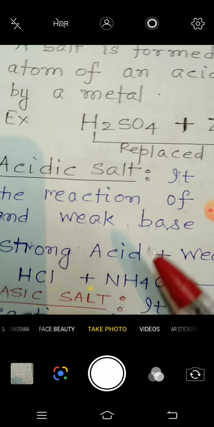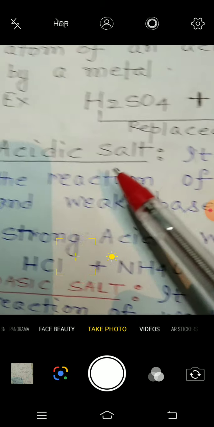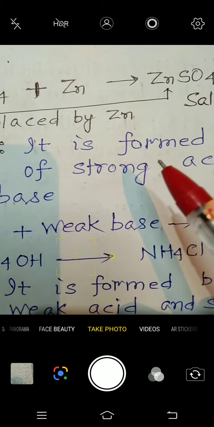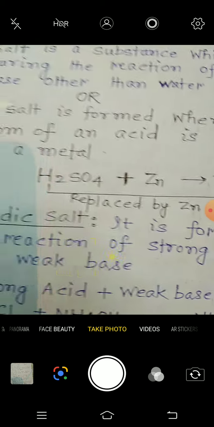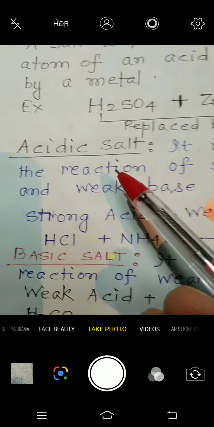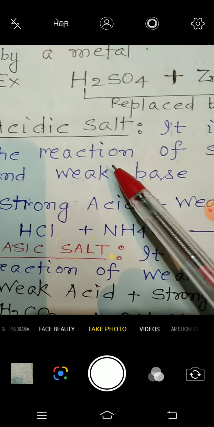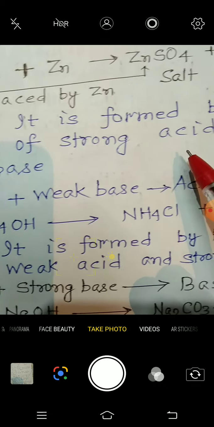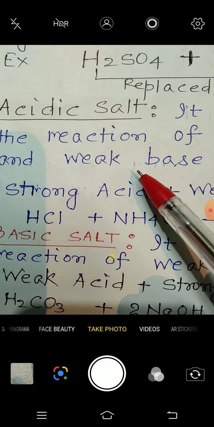Now, the types of salt. Acidic salt. It is formed by the reaction of a strong acid and weak base.